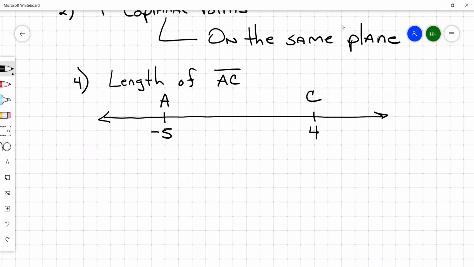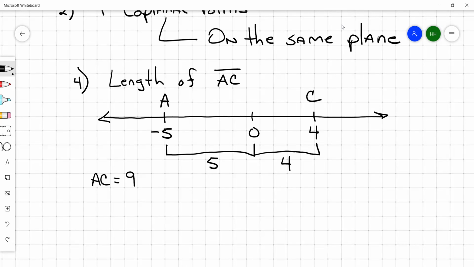There's 2 ways to do it. One way is to just count. How far is it from -5 to 0? -5 to 0 is 5 units. And how far is it from 0 to 4? That's 4 units. So what's AC equal to? 9. Good.